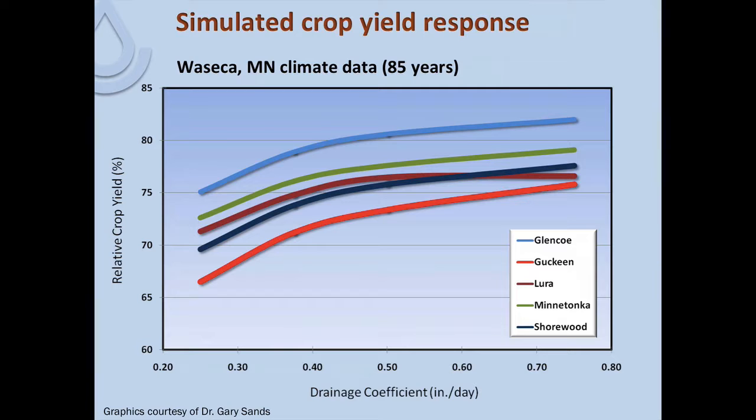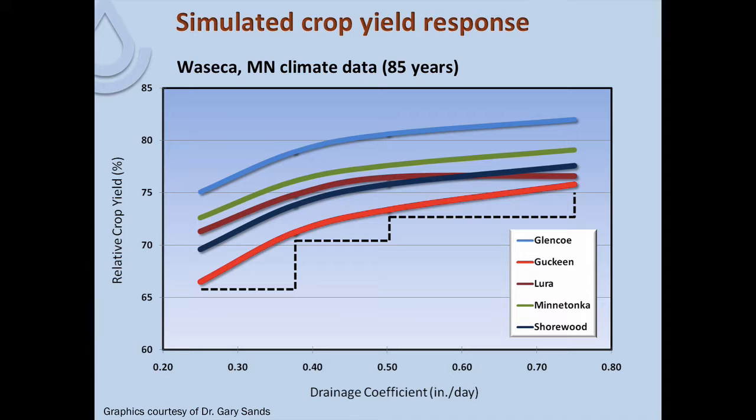And one of the things we typically see with drainage is what we see here, where there's a relatively sharp increase going from very little drainage to providing some drainage to the crop. But as we increase that drainage coefficient more and more, we see less and less incremental benefit because of that additional drainage investment. And so if we had perfect information, then we could use that to optimize that drainage decision.